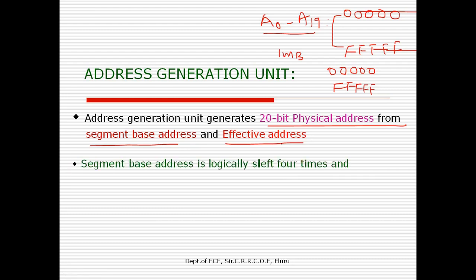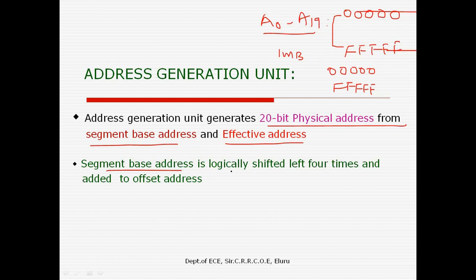So how is the 20-bit physical address generated by the address generation unit? The segment address is provided by the segment registers: code segment, stack segment, extra segment, data segment. These registers provide the segment base address.